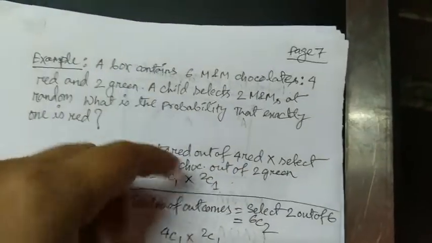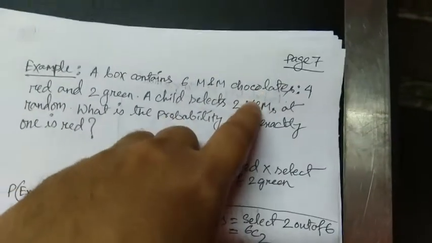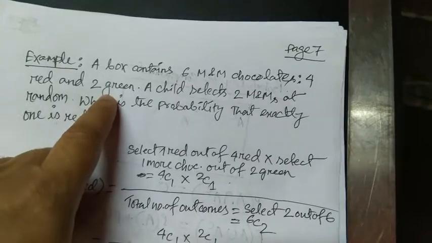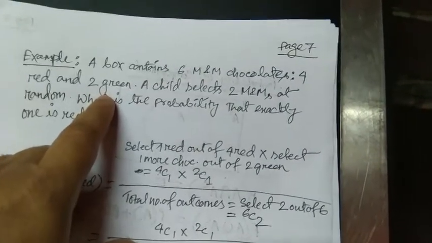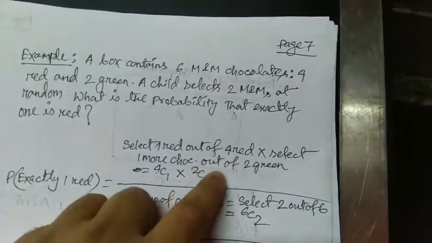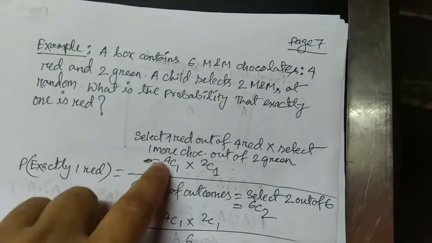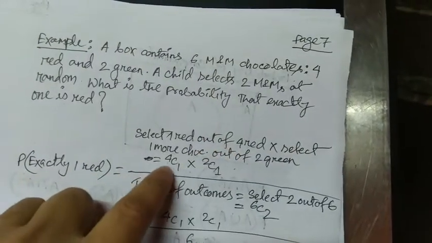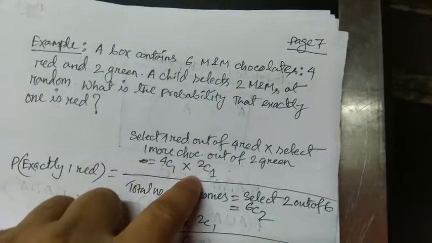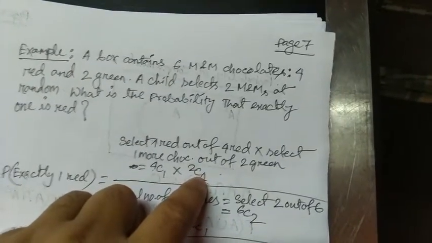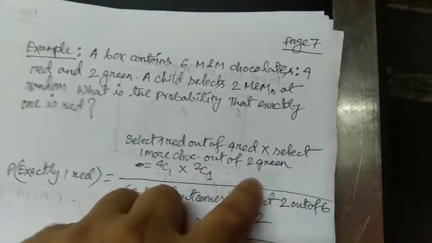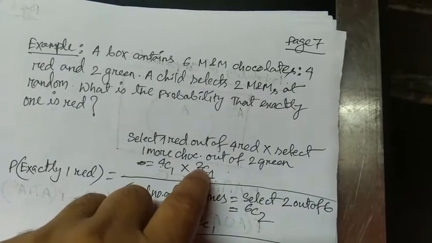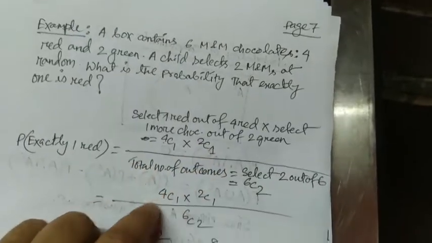The child already selected one red chocolate out of 4 red chocolate, so only 2 green chocolate is left. That means he needs to select one more chocolate out of 2 green chocolate. So selecting one red chocolate out of 4 red chocolate means 4C1, multiplied by selecting one green chocolate out of 2 green chocolate, which is 2C1.